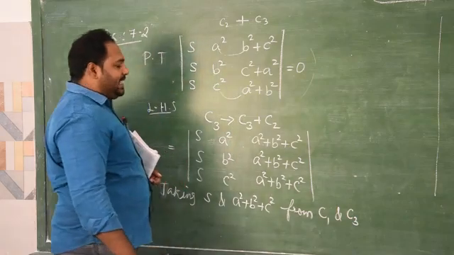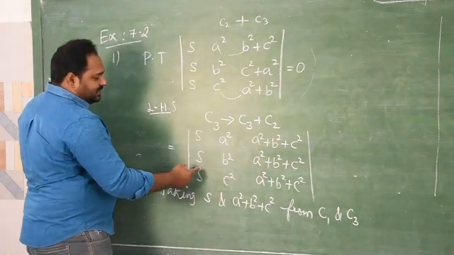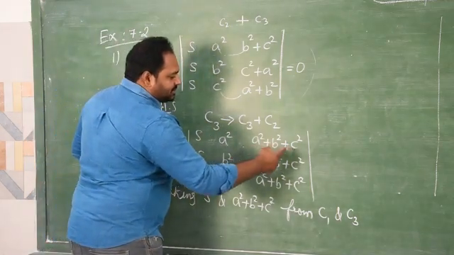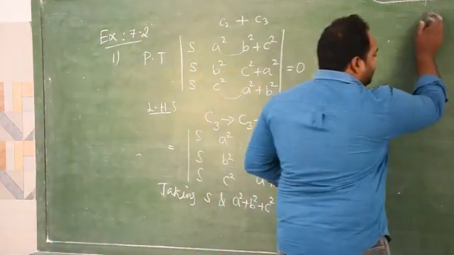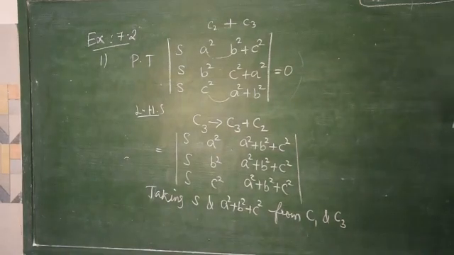Here I am going to take out of this determinant S from column 1, and A square plus B square plus C square from column 3. So if you take it out, what is remaining inside the determinant? Just listen carefully.